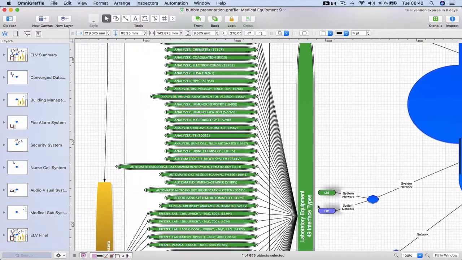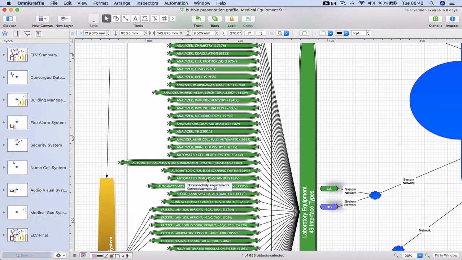And again, here we have your laboratory equipment. So again, you see a very simple interface. All of these had to be defined in an interface control document or interface definition system. All just basic interfaces.